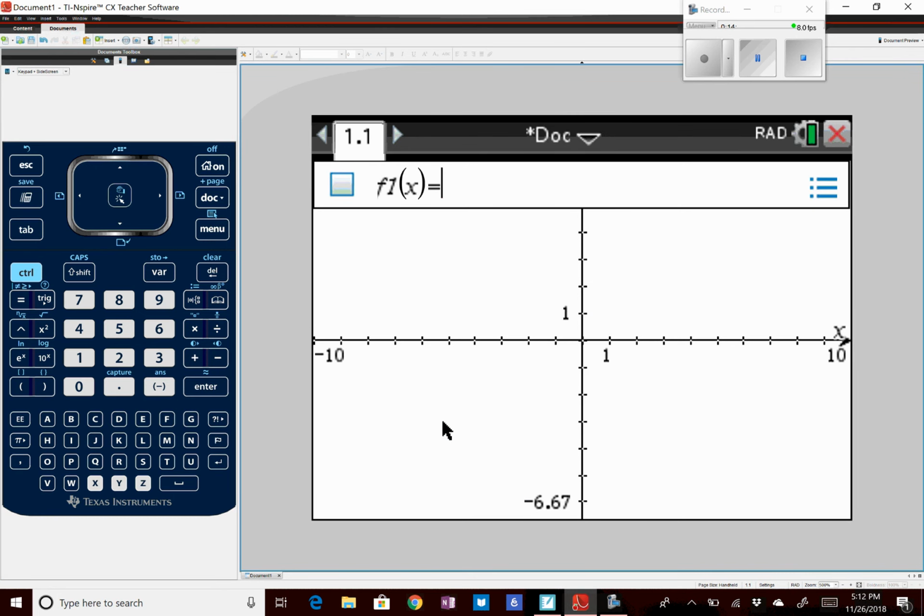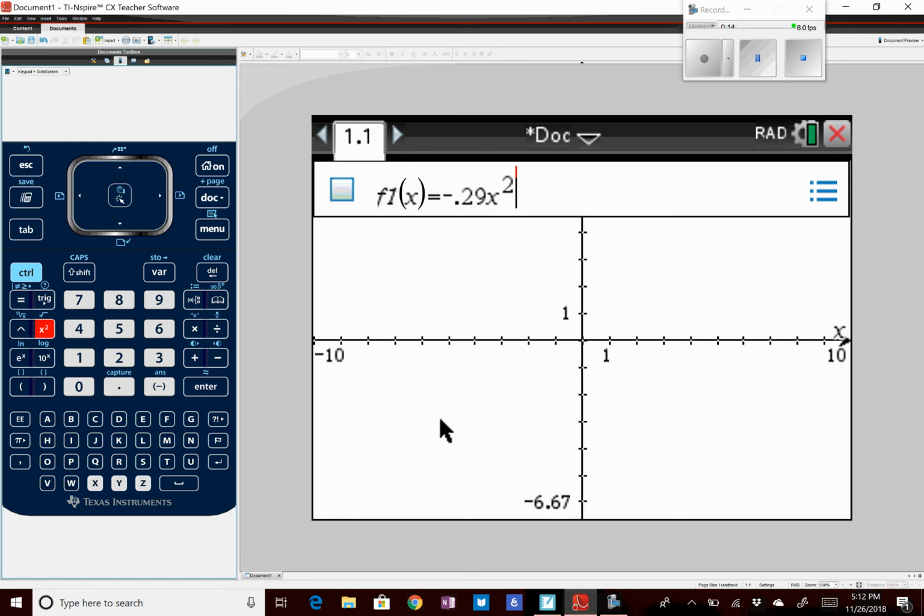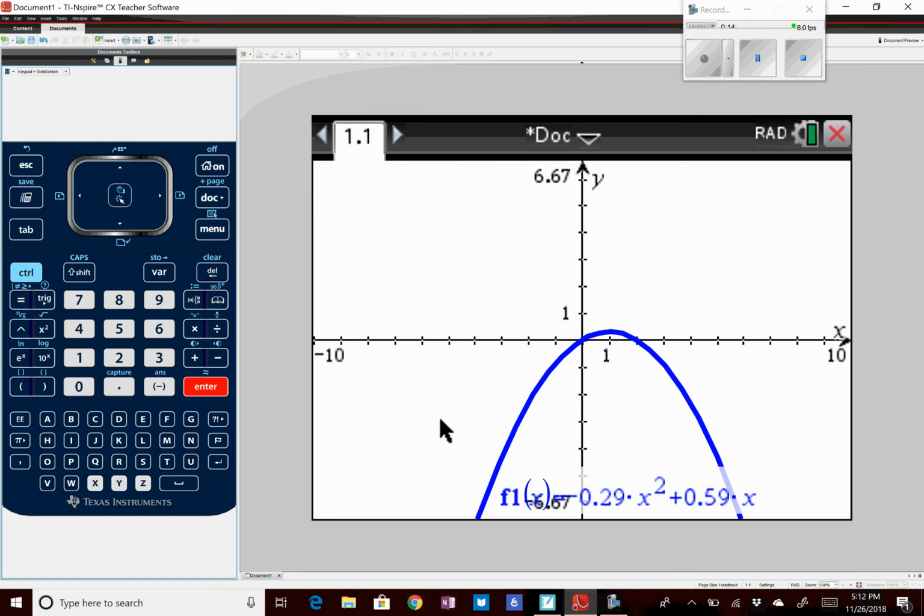Okay, so the equation they gave us was negative 0.29 x squared plus 0.59 x. All right, so that's the equation that models the jump. Need to fix that.